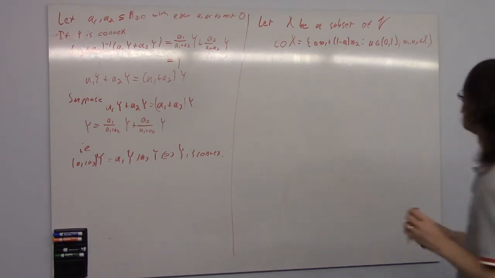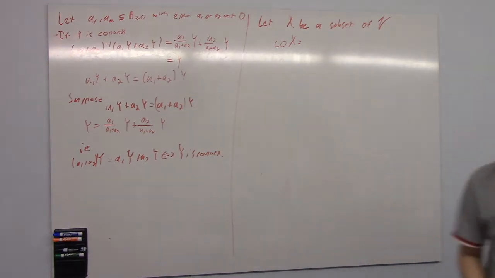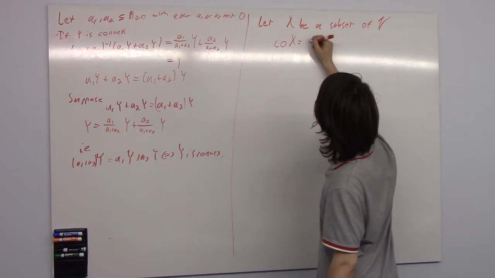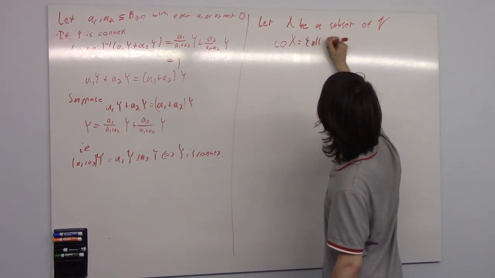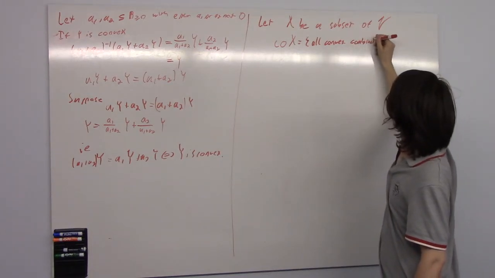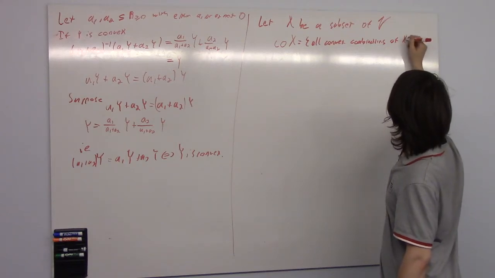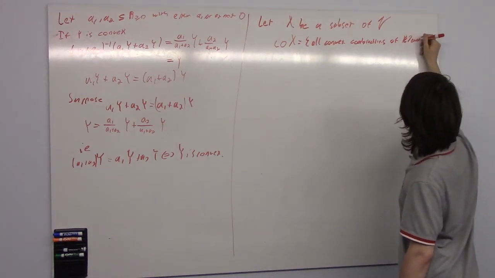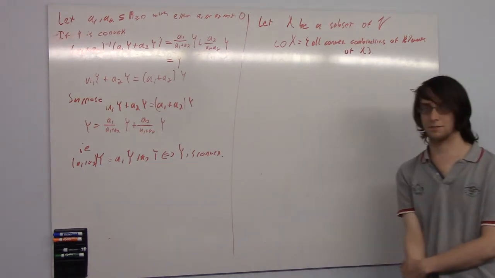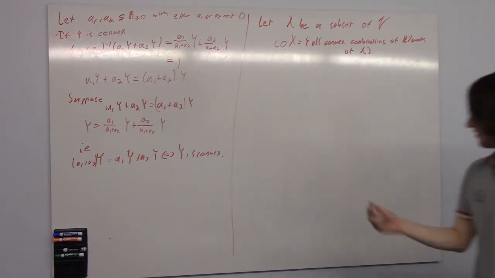Well, it's going to be easier to have the convex hull of X be the set of all convex combinations of elements of X.